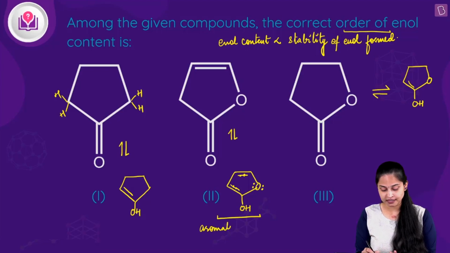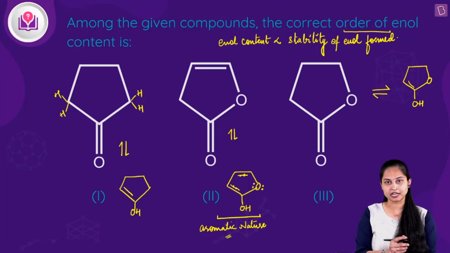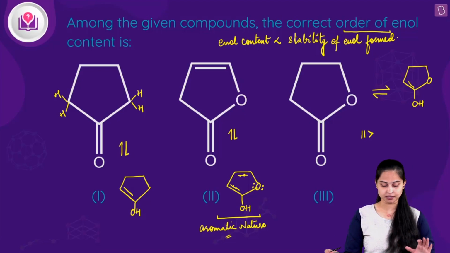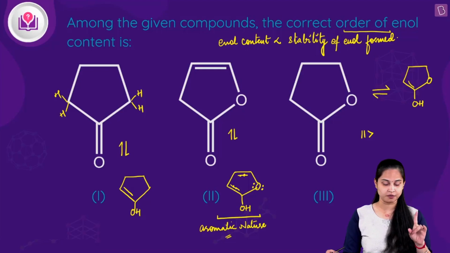If it is aromatic in nature, that means it's highly stable. And if this enol form is highly stable, that means the enol content for this particular enol form is maximum. So I'll mark the second one as having the highest enol content because it has higher stability, reason being its aromatic nature.